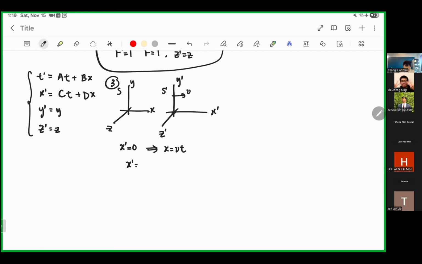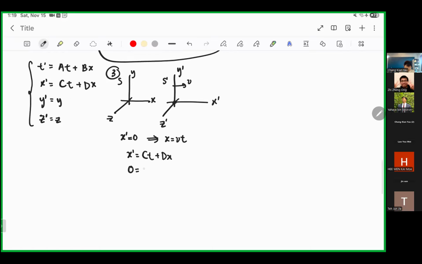So x prime equals ct plus dx, and we will get c equals minus dv. And then we can rewrite the equation as negative vt x minus vt.